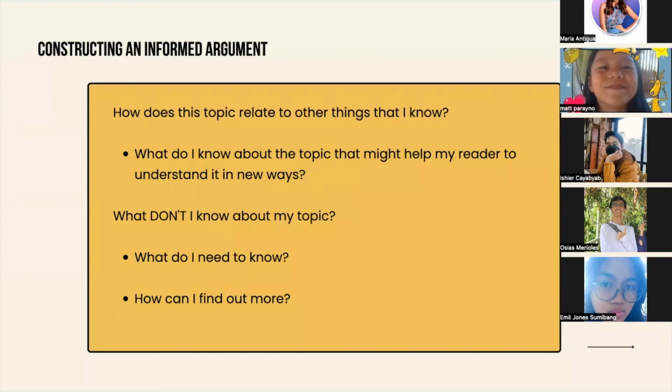But please take note, adding something of your own is not an invitation to simply bring your own personal associations, beliefs, reactions, or experience with regards to the reading of the text. When we talk about constructing an informed argument, you must first recognize that what you're writing should be analytical rather than personal.